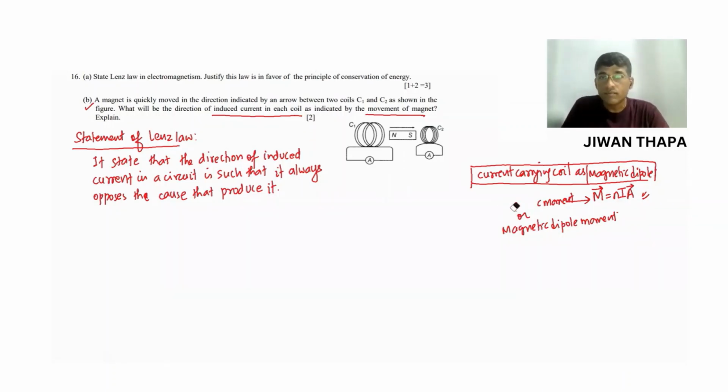Now let us understand how we can assign magnetic poles to a current carrying circular coil.